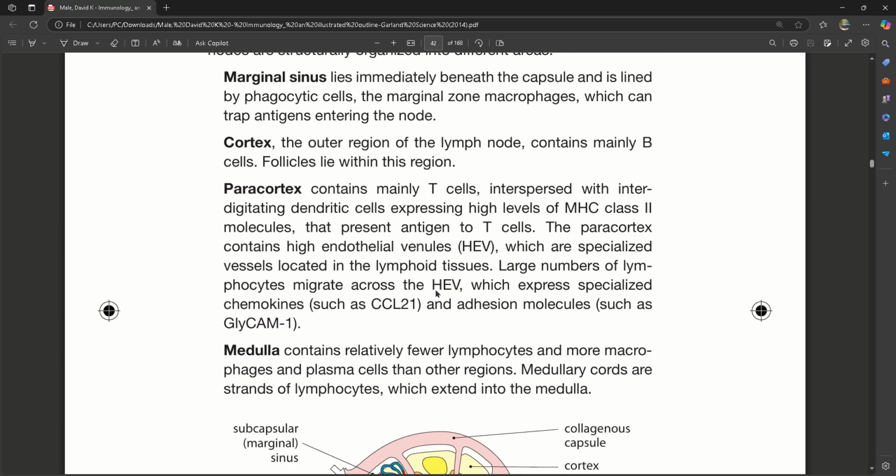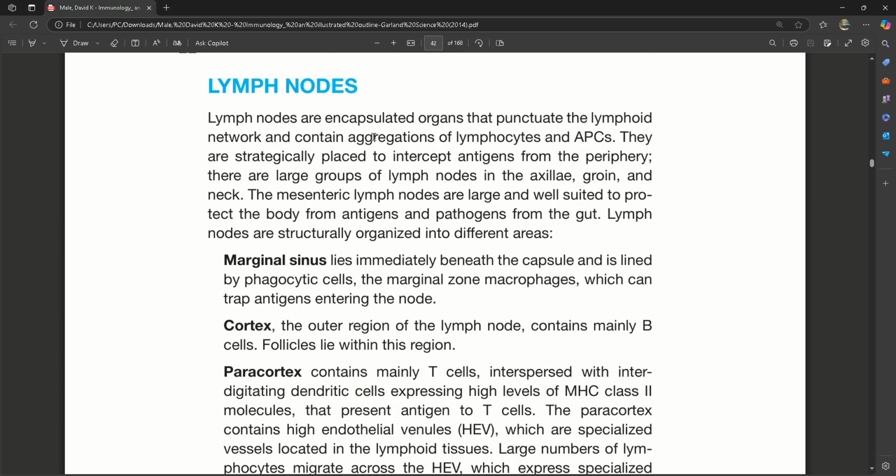So these lymph nodes are encapsulated organs that punctuate the lymphoid network and contain aggregations of lymphocytes and antigen-presenting cells. They are strategically placed to intercept antigens from the periphery. There are large groups of lymph nodes in the axilla, groin, and neck. The mesenteric lymph nodes are large and well suited to protect the body from antigens and pathogens from the gut.